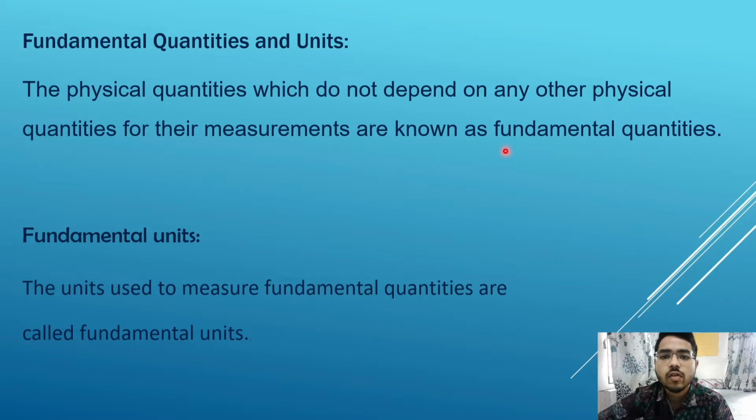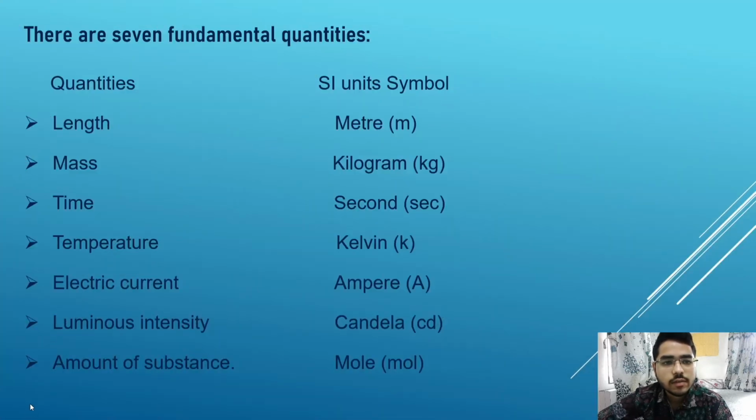For example, mass, that is in kg only, and length, that is meter, centimeter, etc. The units used to measure fundamental quantities are called fundamental units. Now turning to the next slide.